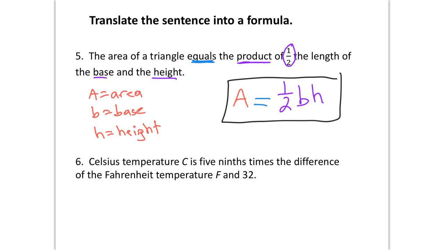Now the next one, number 6, it says Celsius temperature C is 5 nines times the difference of Fahrenheit temperature F and 32. Now, here in the United States, we actually use an English metric system, which means that we use Fahrenheit.